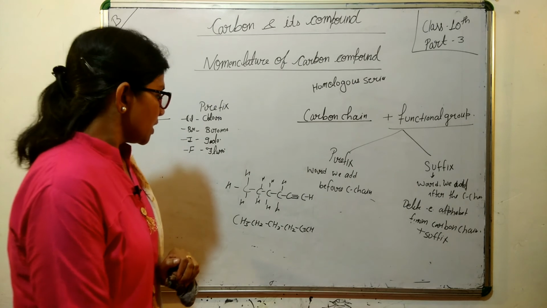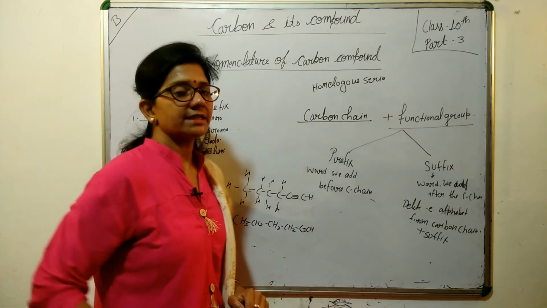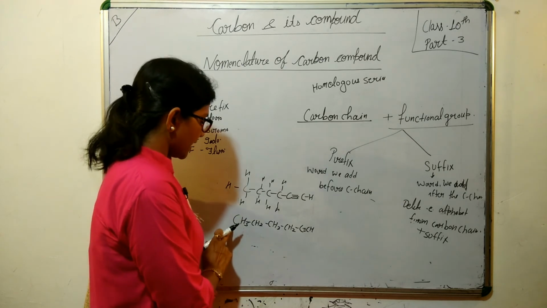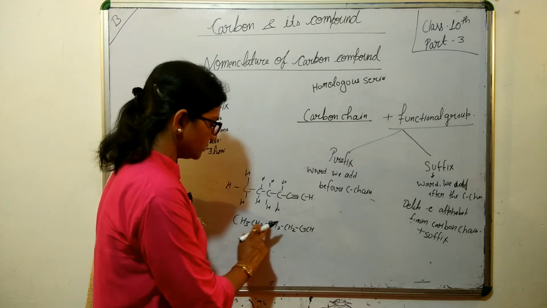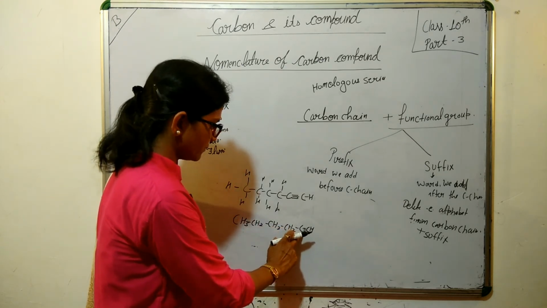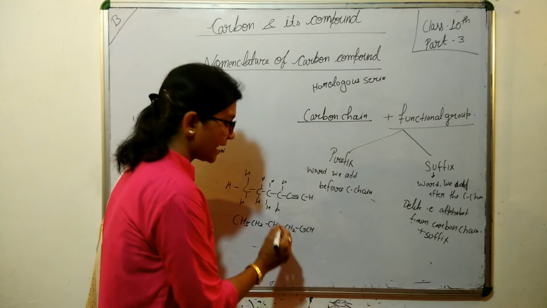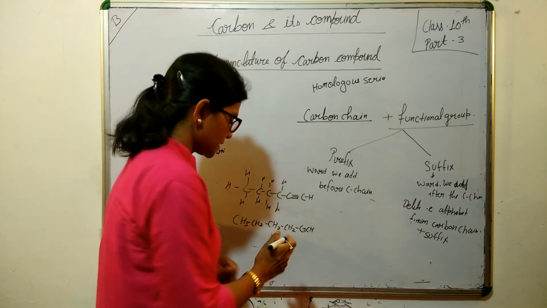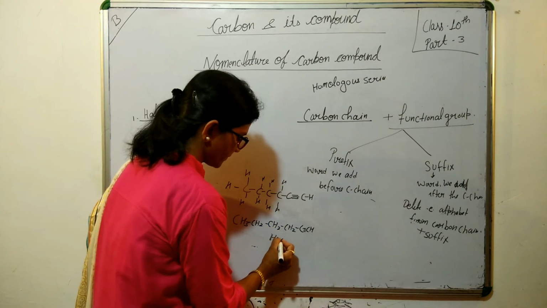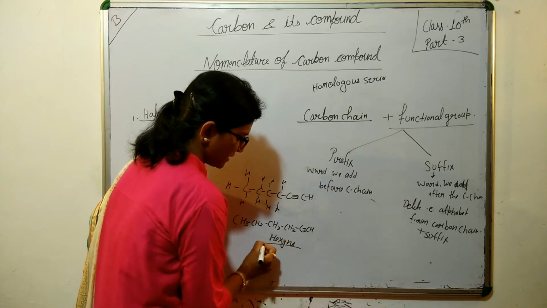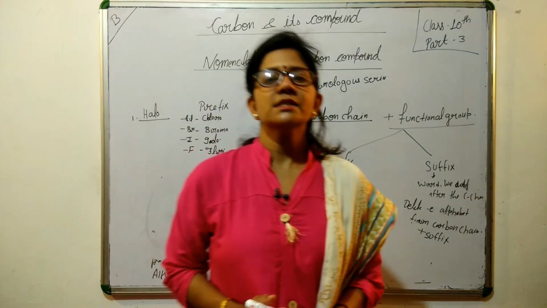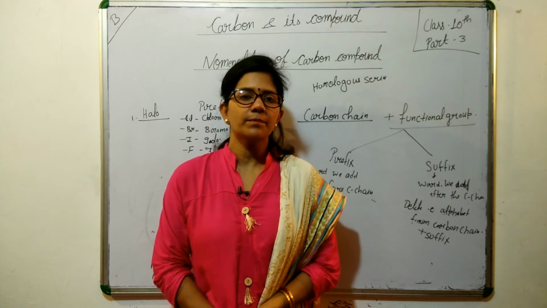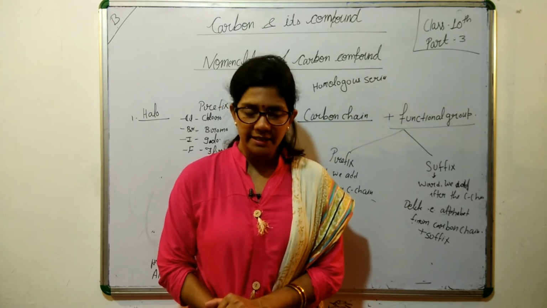Okay, now triple bond means it is yne, an unsaturated carbon compound, and the number of carbons is 1 2 3 4 5 6. So yne, you will see it is a suffix, so it is hexyne.